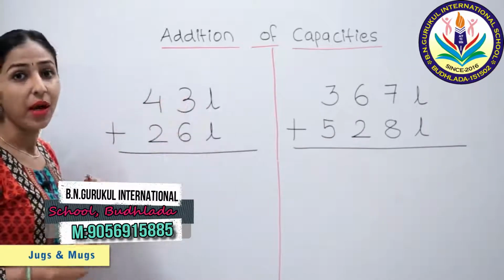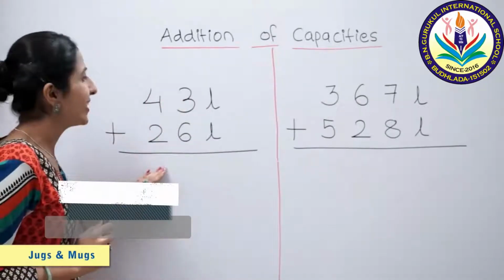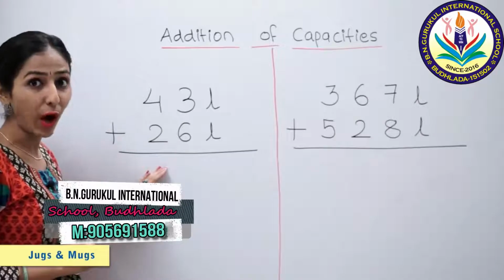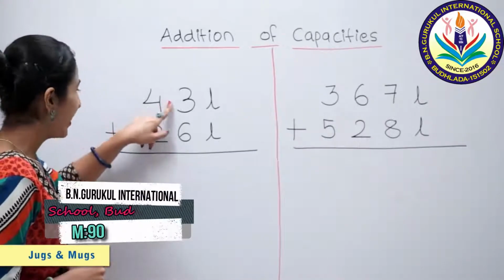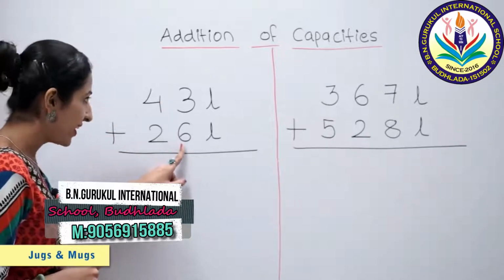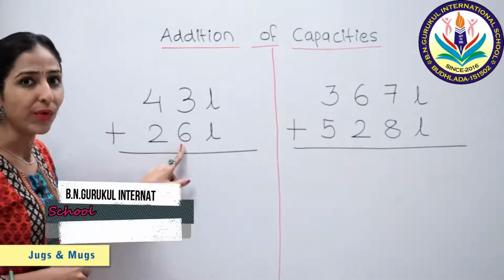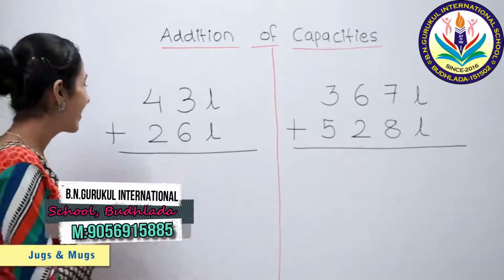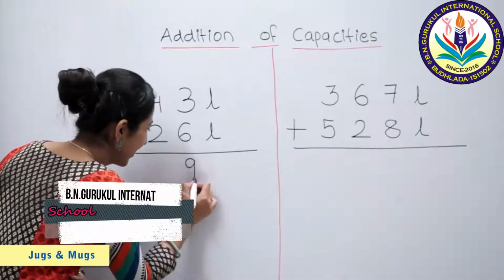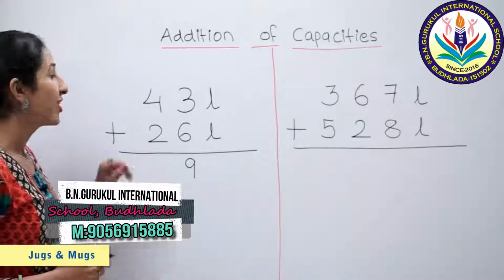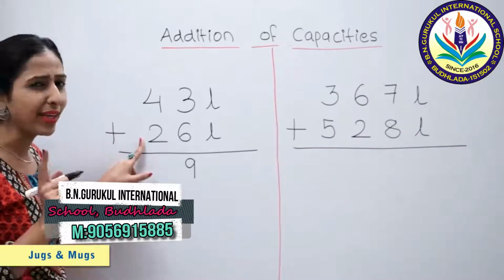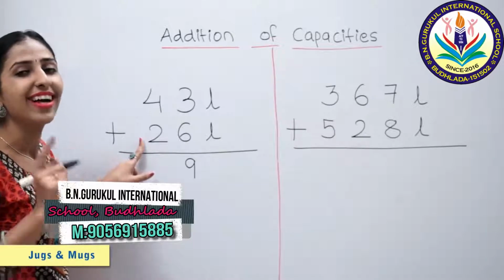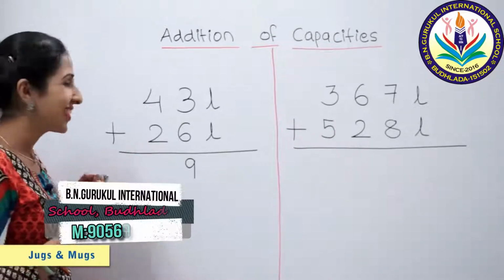Now let's solve these examples. 43 liters plus 26 liters is equal to how much? Let's find out. 3 plus 6 is equal to 9. 4 plus 2 is equal to, correct, 6.